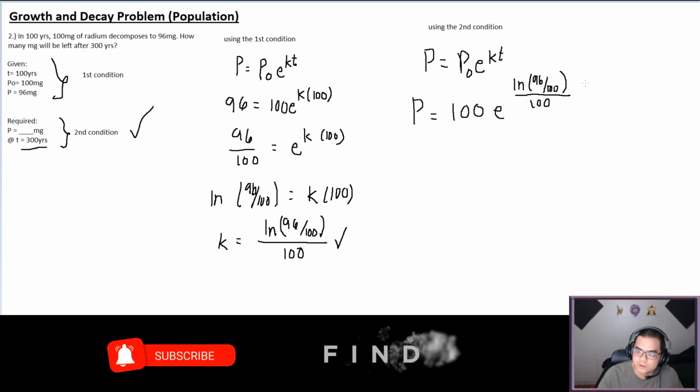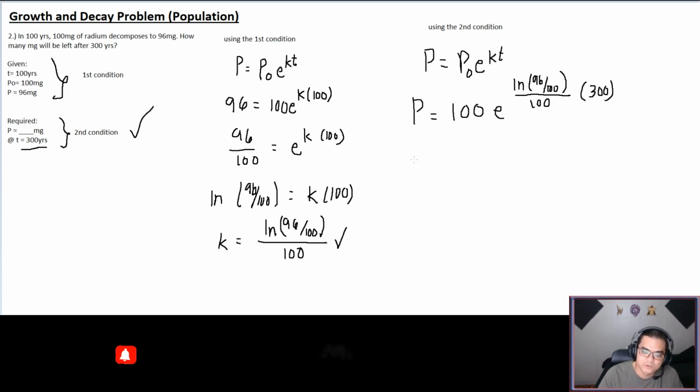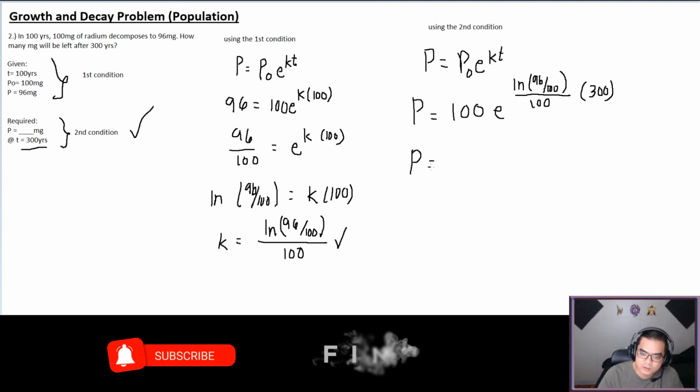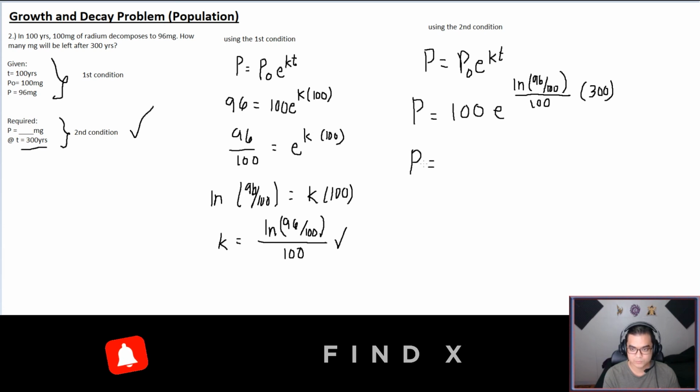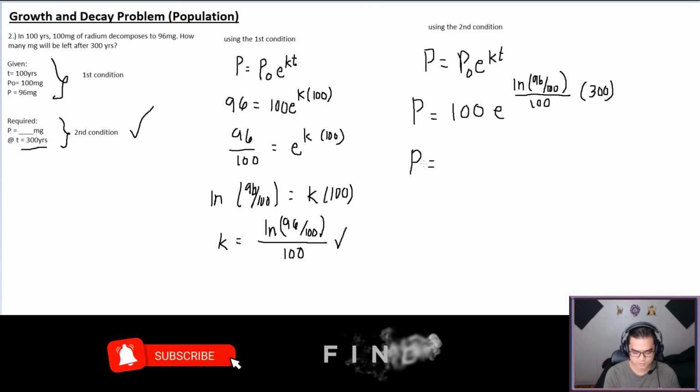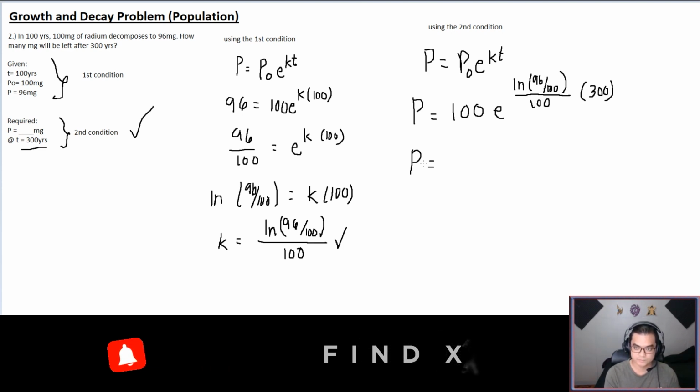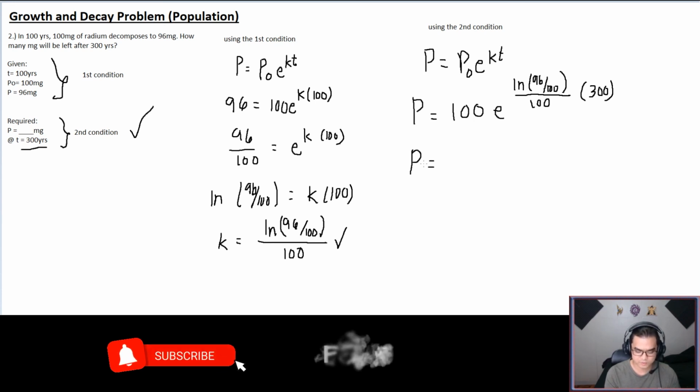This one times 300. Remember that this is all in the exponent of e. Now, if you will solve that, I think we can try that out using our calculator. That's e raised to ln 96 over 100, all over 100 times 300.